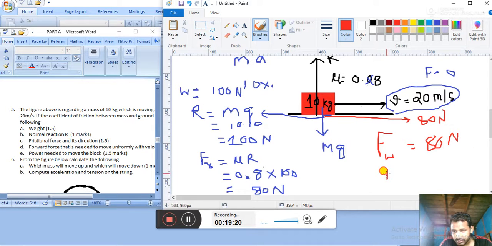Power equals force dot velocity, forward force dot velocity, and it will be 80 into 20, that will be 1600 watt.